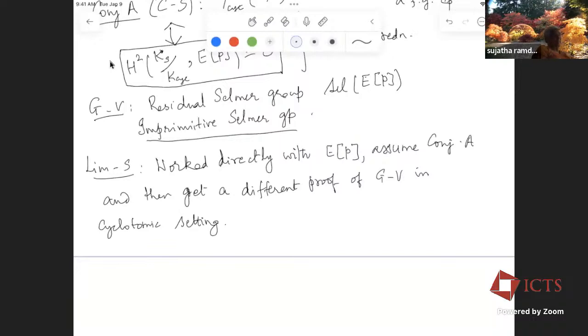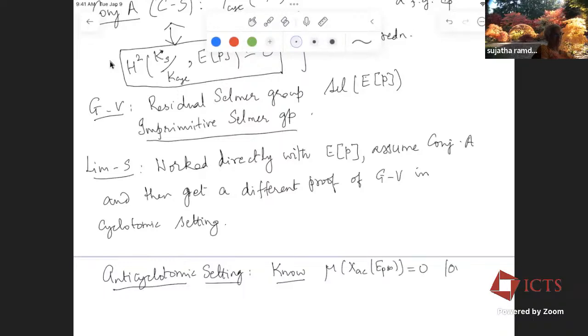And then let's turn to the anticyclotomic setting. Here things are somewhat nicer because you know that the mu invariant of the anticyclotomic Selmer group is 0 in the ordinary case.